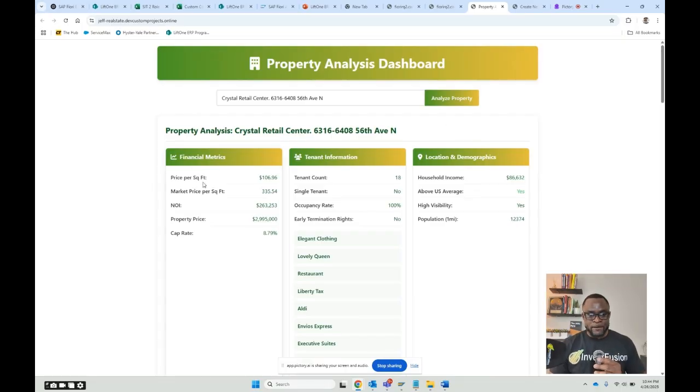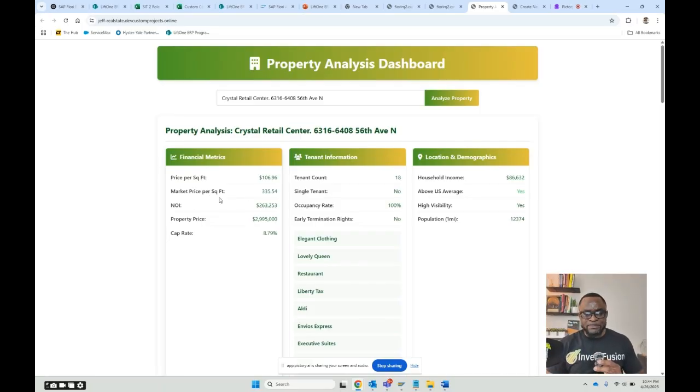First is the price per square foot, which is $106.96. Now, it did what they call a market comparison, meaning while it's running those checks, it's checking across the entire market in that region to see what other properties' price per foot are going for, to give you a breakdown of what your price per foot will be.